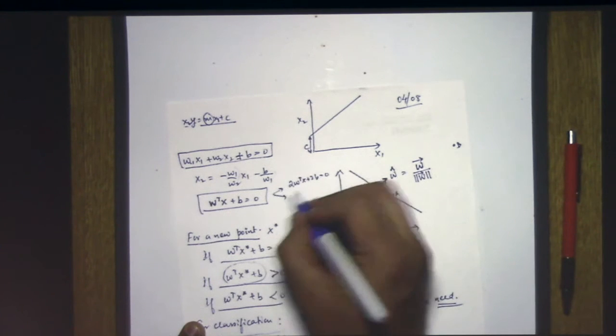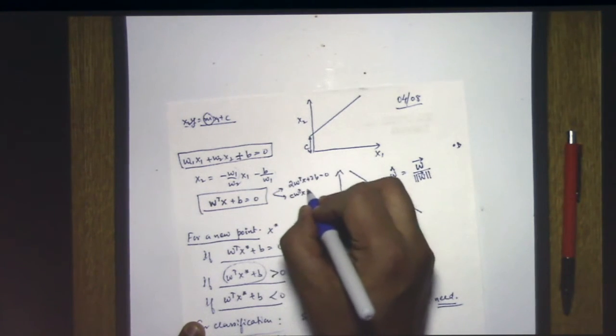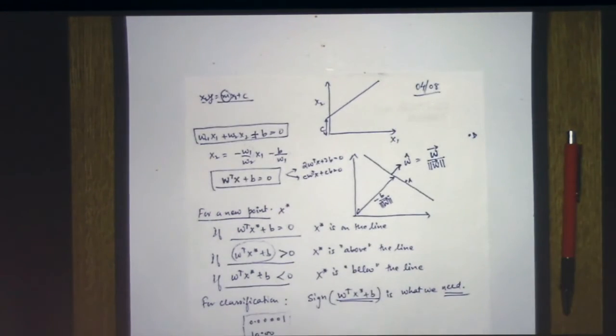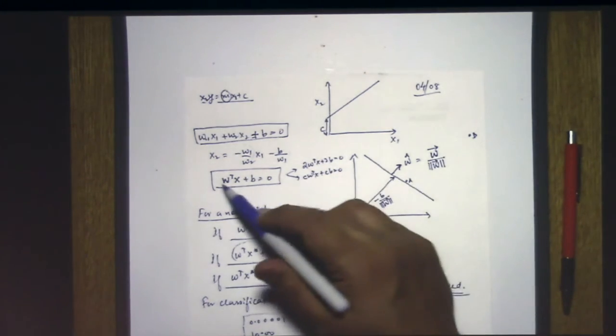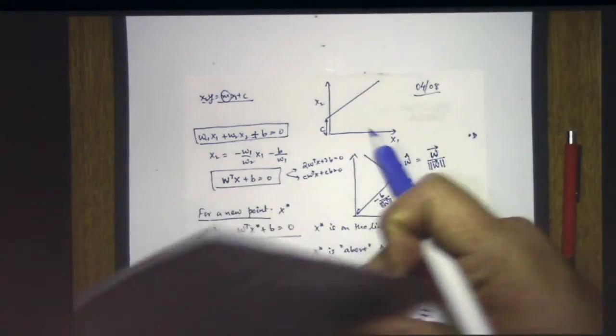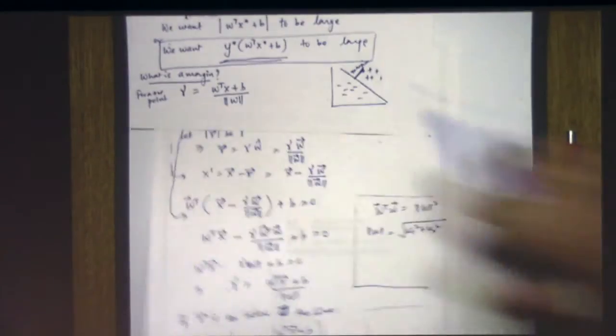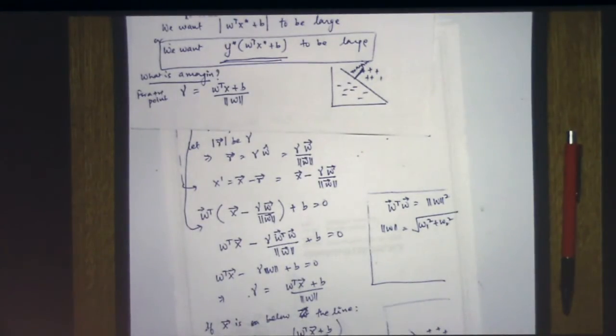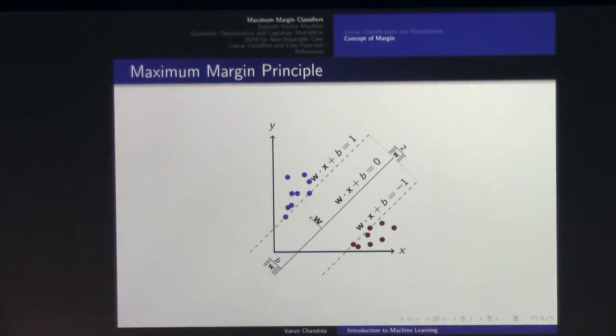Any c w transpose x plus c b equal to 0 is also the same line, so you can multiply it with anything. That is why we divide it such that the constant is 1. Whatever the value is, you can move all of that there.